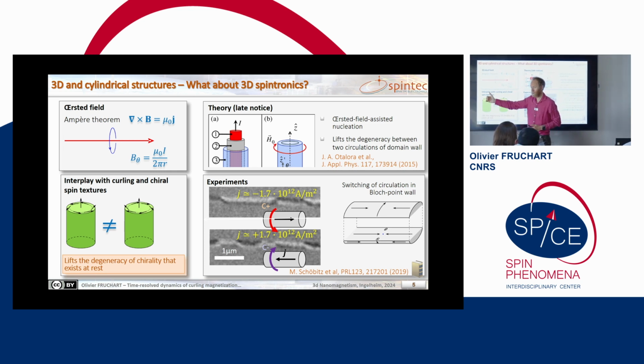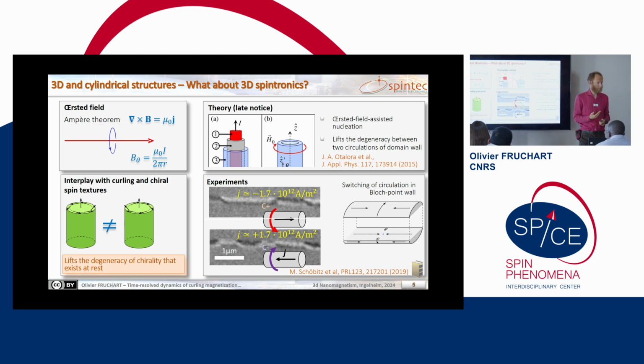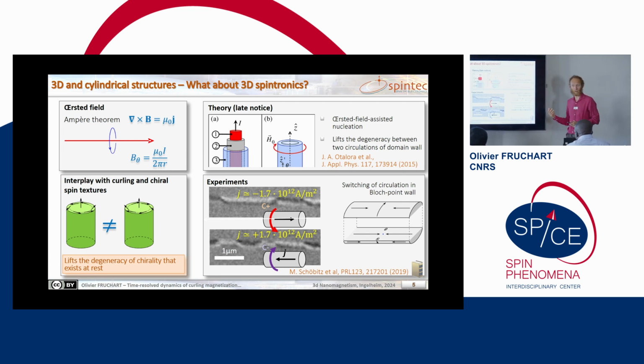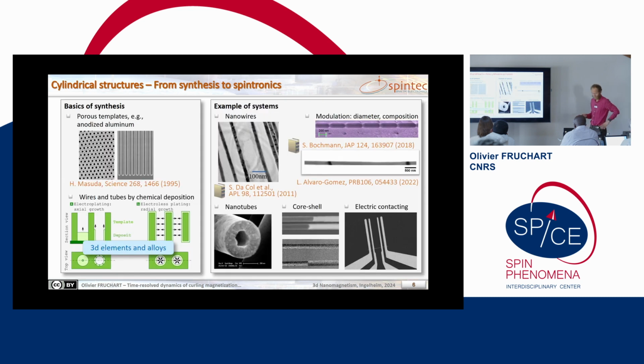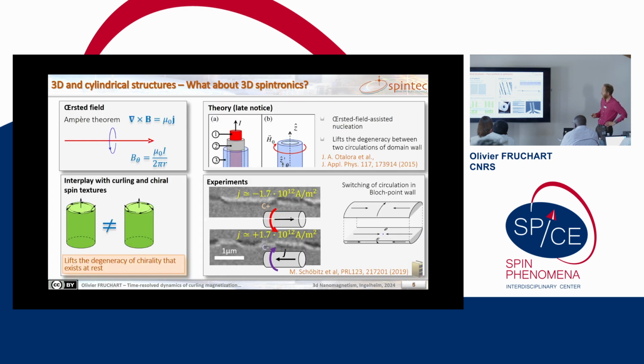You have the current, and the B magnetic induction field is clockwise with respect to the current, which means that the Ørsted field that you will necessarily have in 3D nanomagnets, if you want to make some spintronics, will directly interact with chiral magnetization textures. And for some time, the Ørsted field has not been considered in simulations, and only in late times, people have started to wonder what can happen.